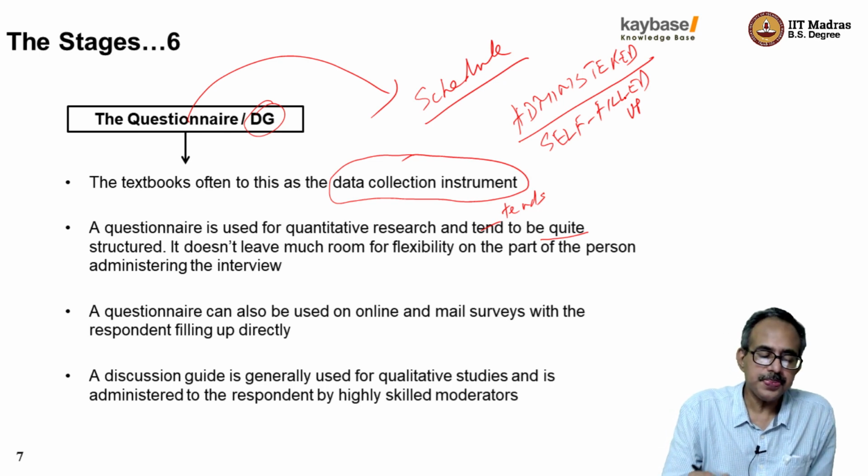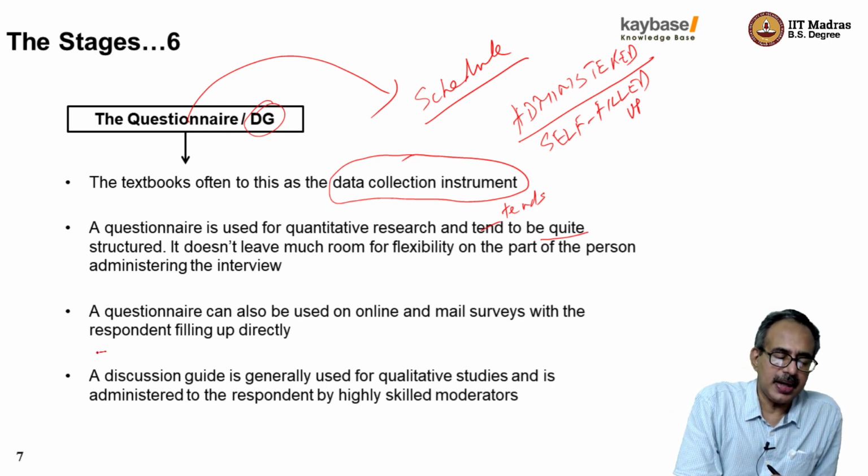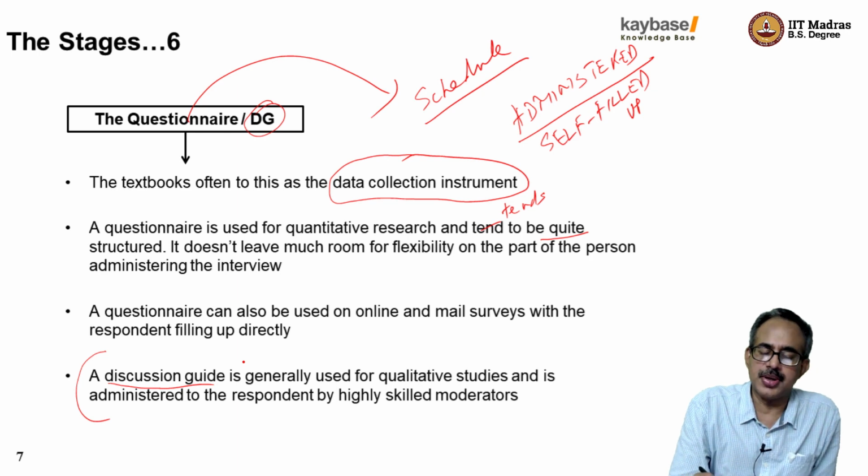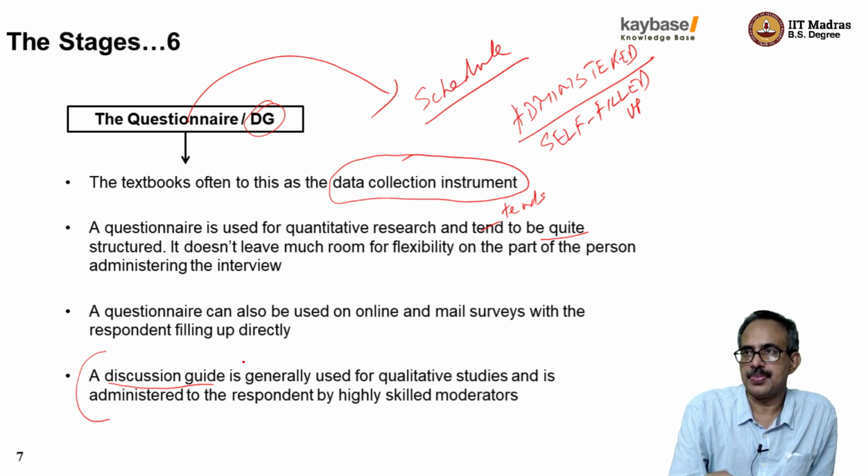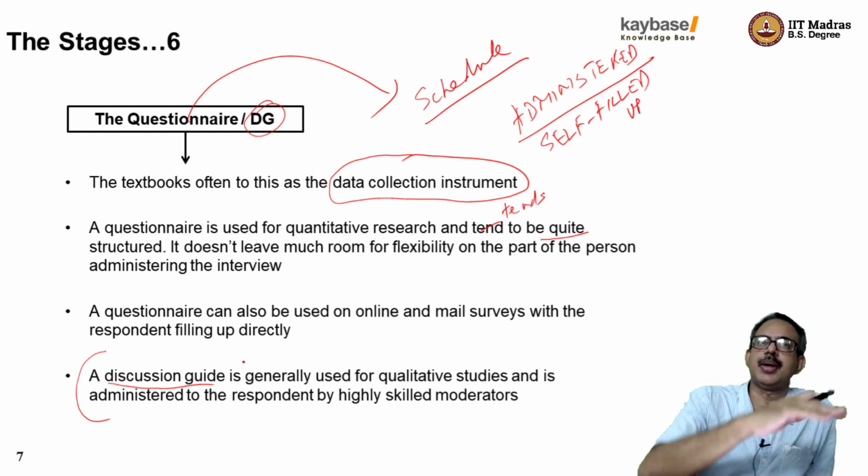Right? A discussion guide, on the other hand, is used in qualitative research, and it is administered by very, very skilled moderators. So it tends to give a lot of flexibility to the person asking the question. The person can ask question 1, based on the answer, they can take an immediate decision to go to question 5 and then come back to question 2 later.